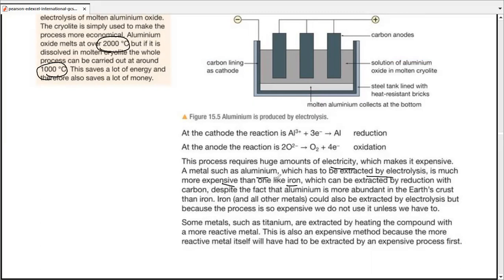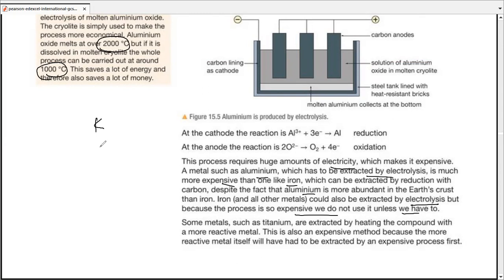The process of blast furnace is pretty old, goes back a few thousand years. Humans have been using iron more than any metal on the planet so far, and they used it even centuries ago. That's because iron can be extracted by a blast furnace, and metals like aluminum have to be extracted by electrolysis. Electrolysis is pretty expensive, so we do not opt for this process for any metal unless we have to.